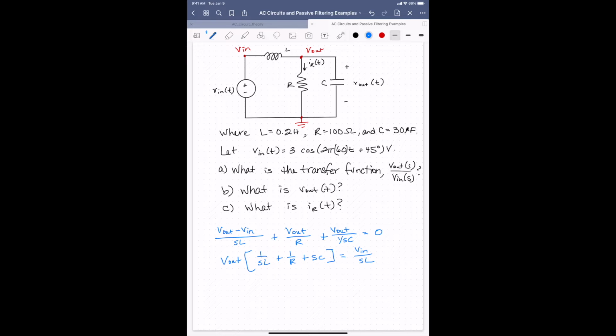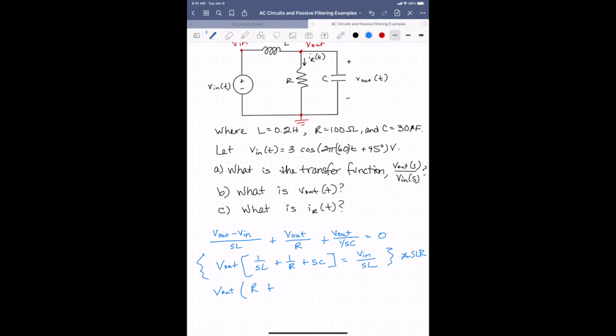If I take this equation and multiply the whole equation by S times L times R, then what I will end up with is V out times R, plus SL, plus S squared RLC, and that will be equal to Vn times SLR over SL, which is Vn times R.